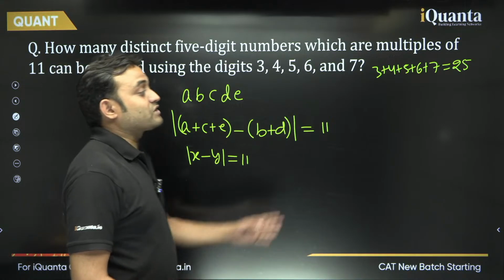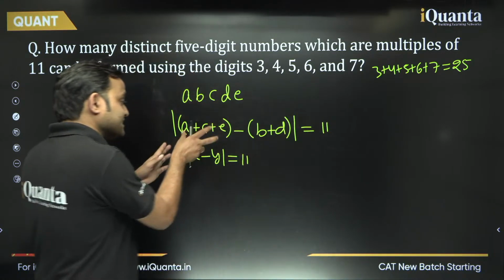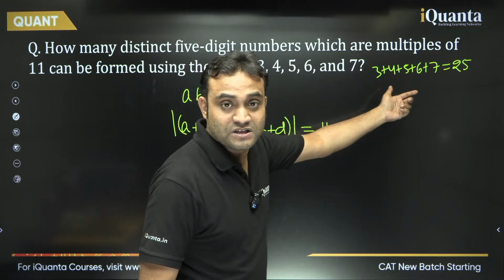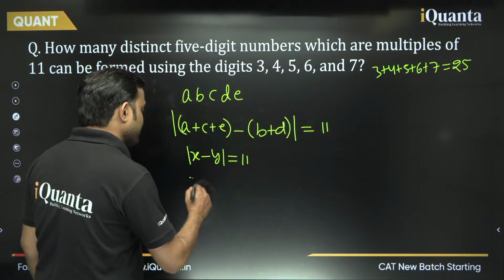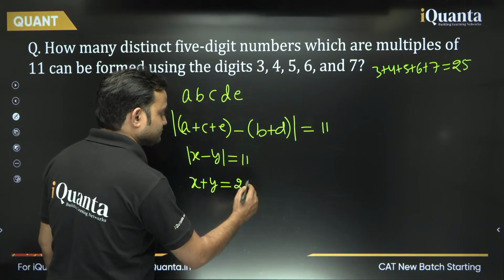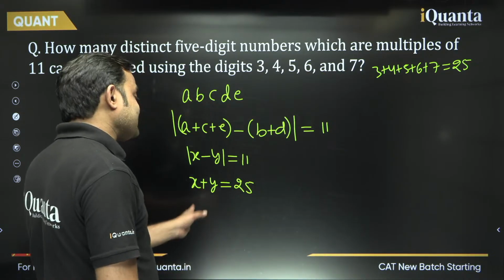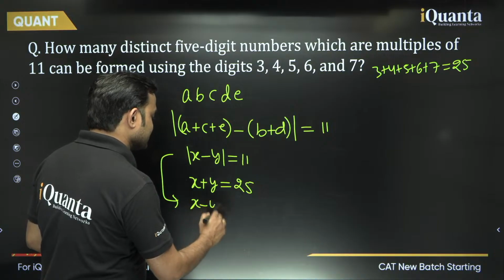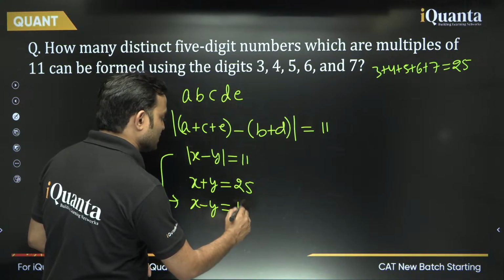What we can say about x plus y: these 3 digits are from these 5 digits, these 2 digits are again from these 5 digits. So can I say that x plus y will be equal to 25? Now if I consider one case that x is greater than y, then x minus y will be equal to 11.